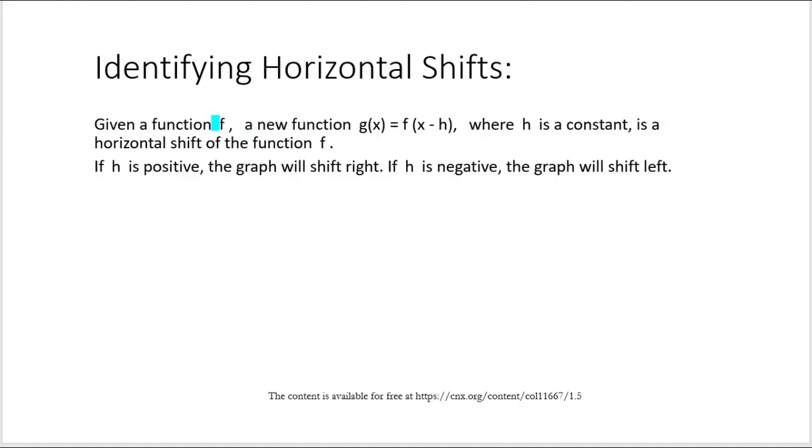So having a function f and g of x equal to f of x minus h, where h is a constant, if h is positive, we shift the graph to our right, and if h is negative, we shift the graph toward the left.